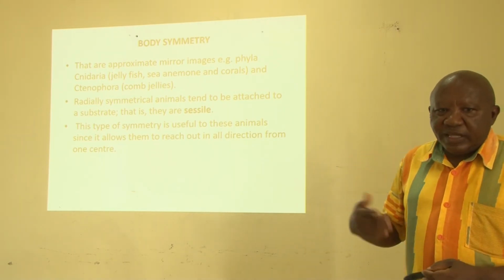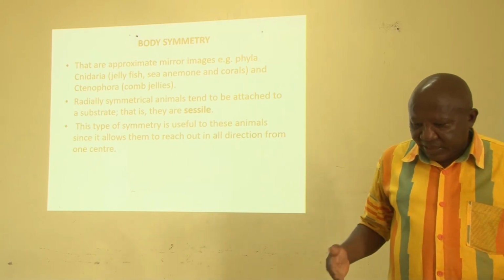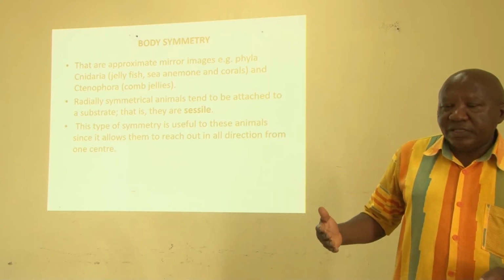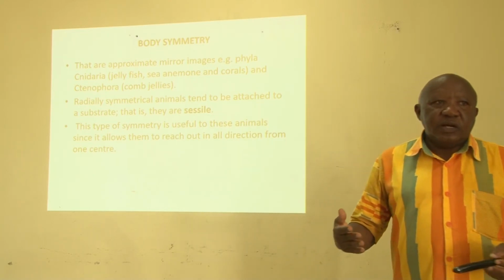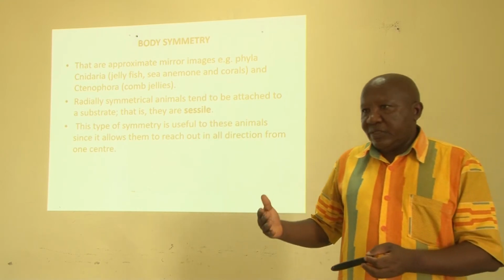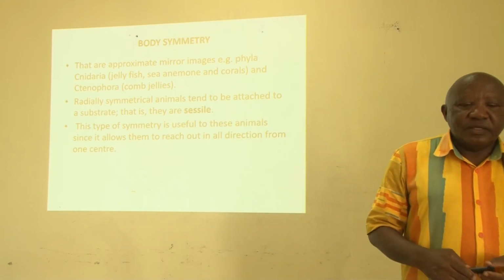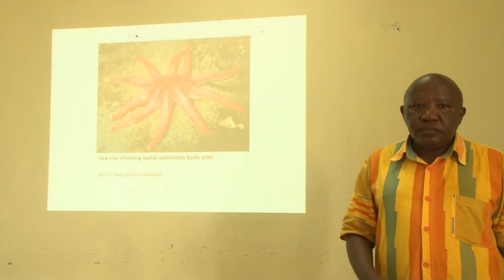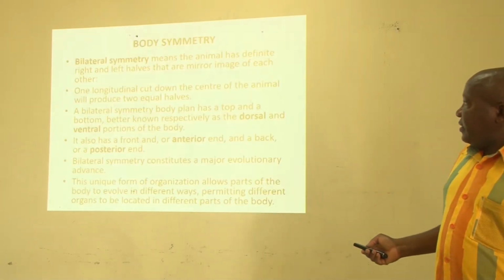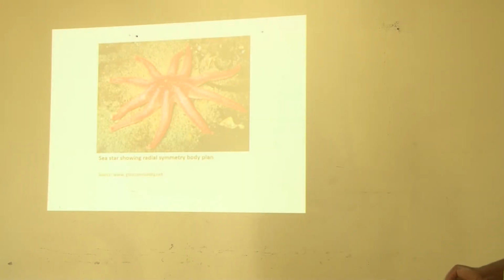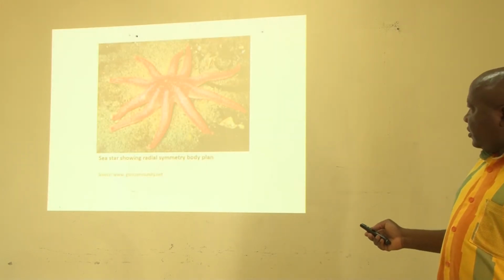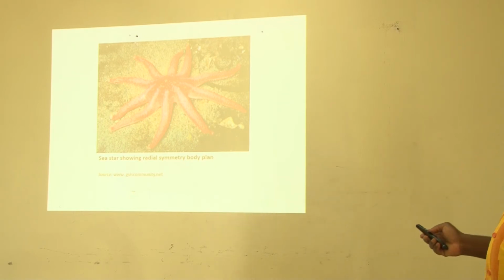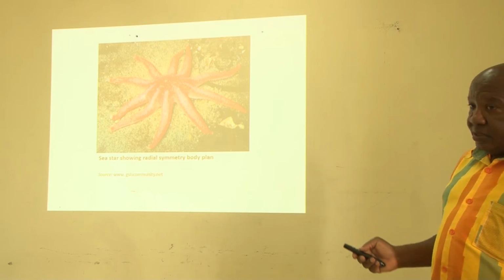So this is very useful for those animals which are sessile, sedentary animals attached to a substrate, for instance, those animals which inhabit the sea floor. This diagram shows a sea star, a typical example of a radial symmetry body plan.